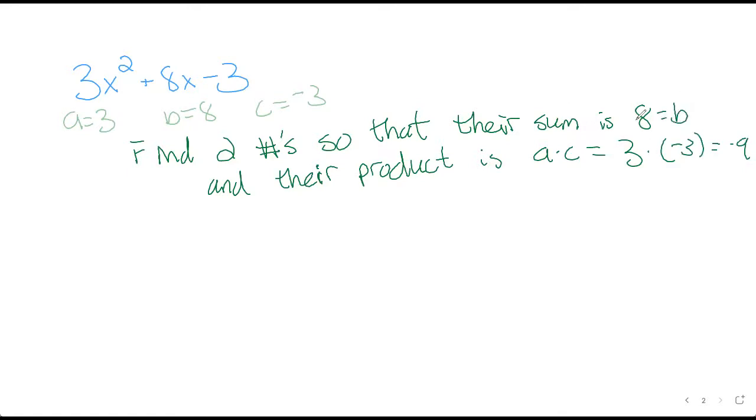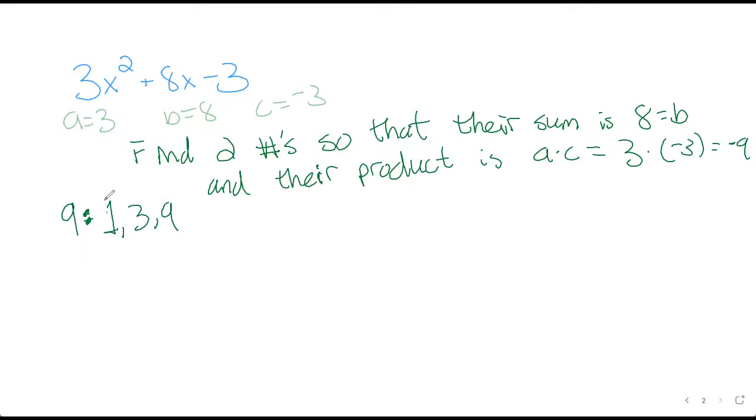This 8 is our b here. So we need two numbers whose product is negative 9. The thing we want to look at is the factors of 9. In this case, they are 1, 3, and 9.